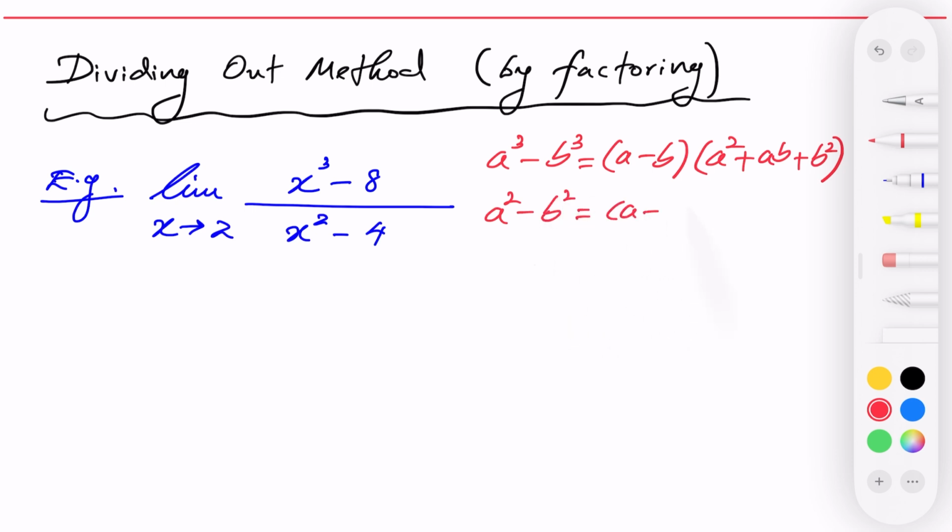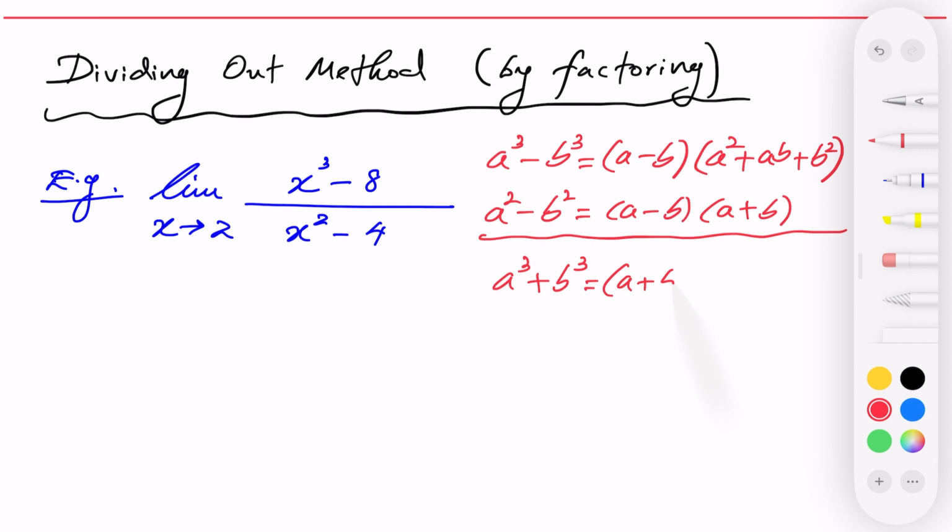This is a minus b times a plus b. Of course, for this question, we just need those two forms of factoring. However, I will also write down the factoring for a cubed plus b cubed. It may be useful in the future with some other questions. a cubed plus b cubed is equal to a plus b times a squared minus ab plus b squared.